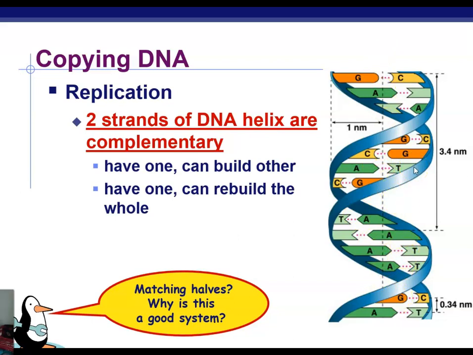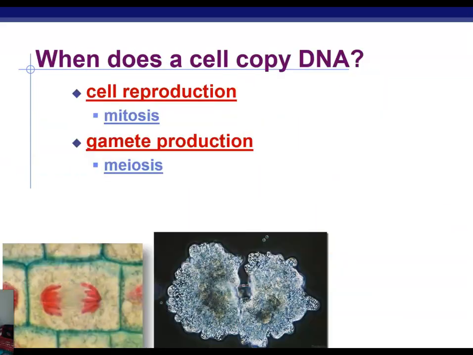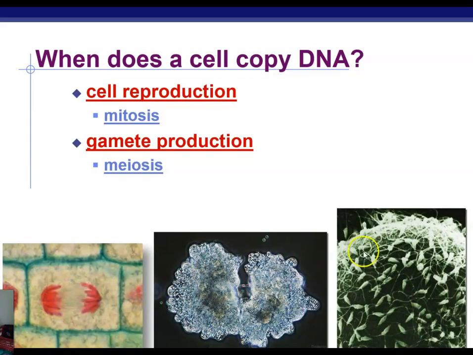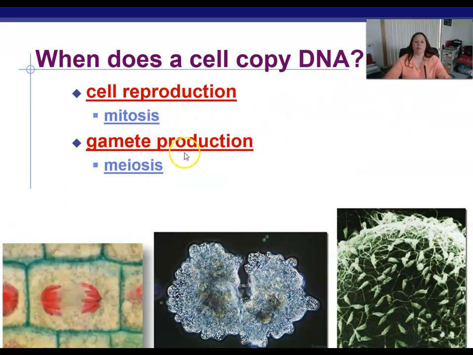Because we already have our template, if I know there's a G right here, I would fill in a C as its complementary base. And when I have an A over here, I'd fill in a T as its complementary base. So here are some times when DNA would actually need to be copied: during cell reproduction or whenever we make gametes.